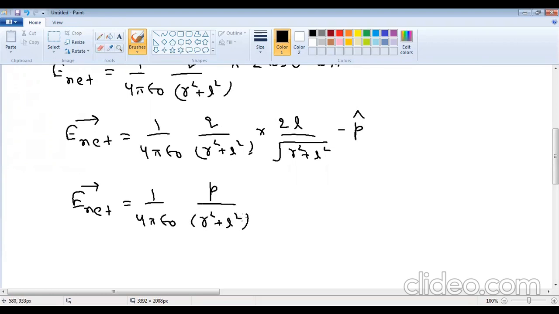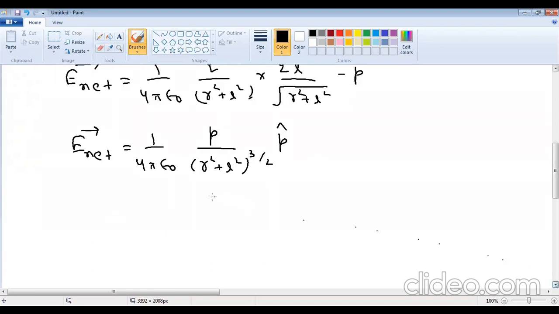And then in the denominator, we'll have the power 3 by 2 for this. So again, using a familiar assumption, if the distance where we are measuring this net electric field because of this dipole is large compared to the dipole length, there is no harm if we choose half of that dipole length. This is also going to give us the same condition.